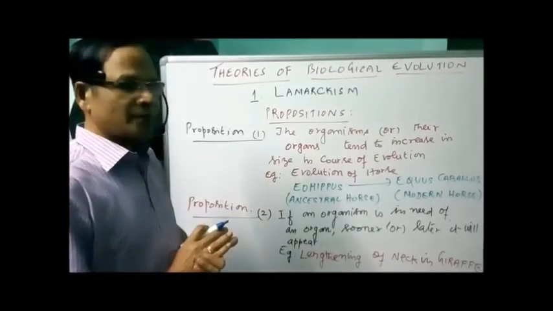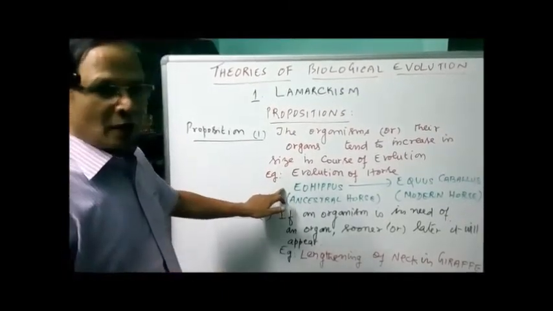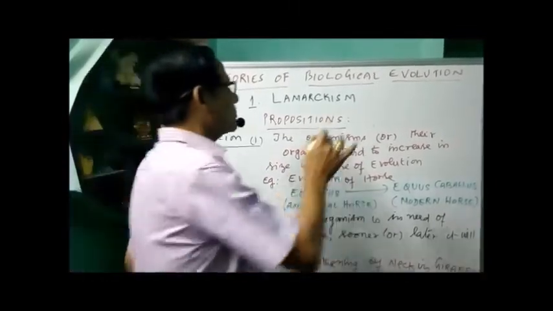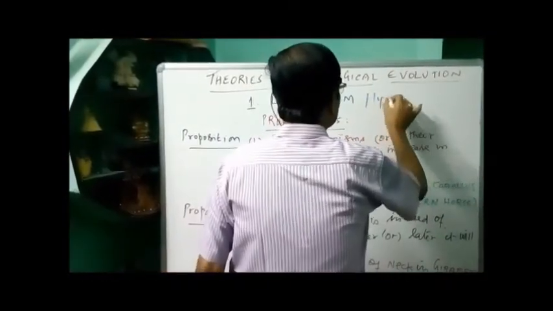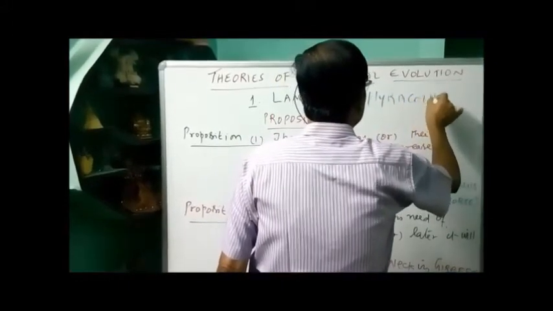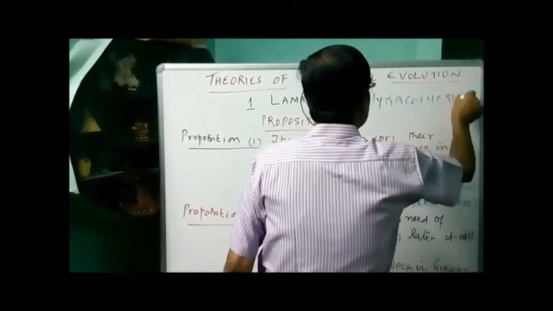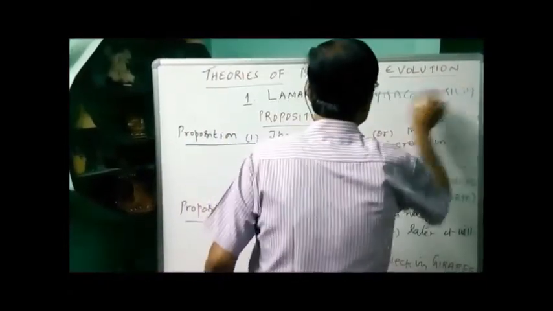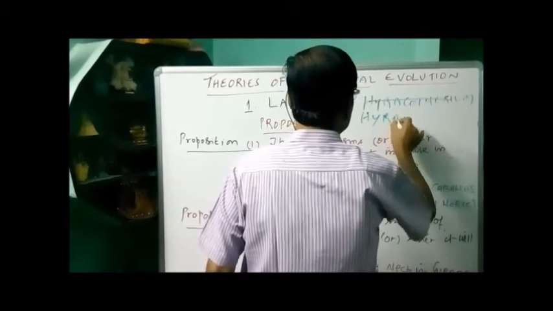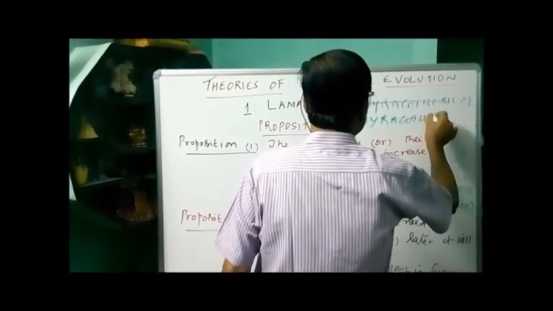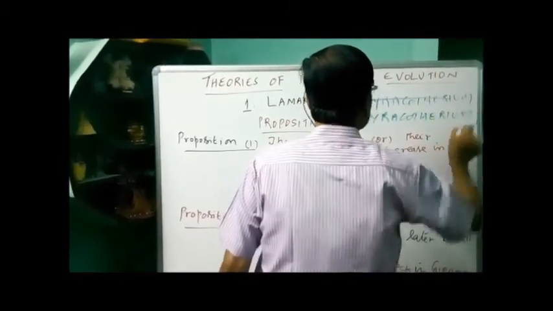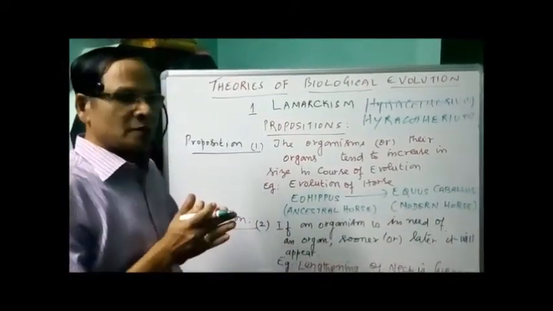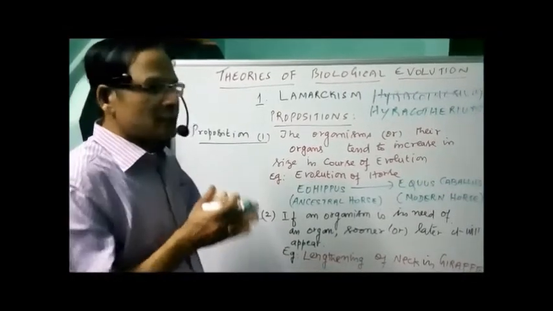Now, what is the meaning here? The ancestral horse, called Eohippus, also called Hyracotherium, was short in size. This horse underwent a series of steps.